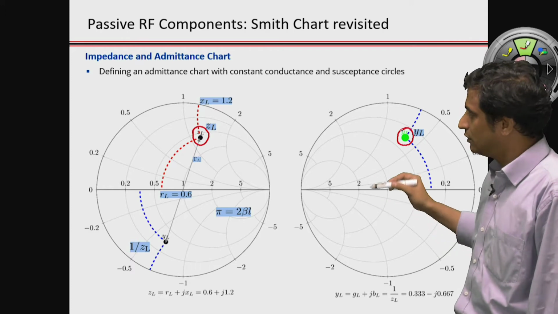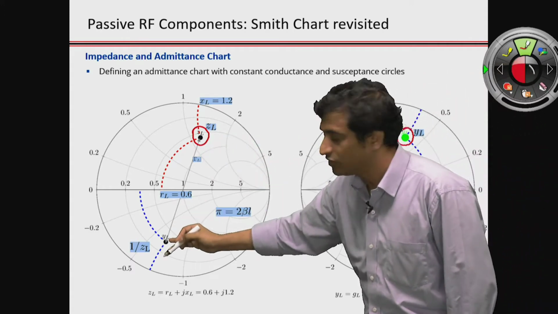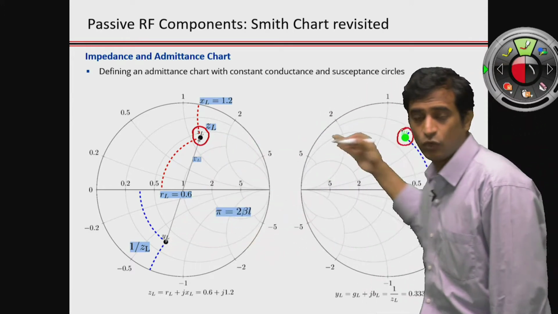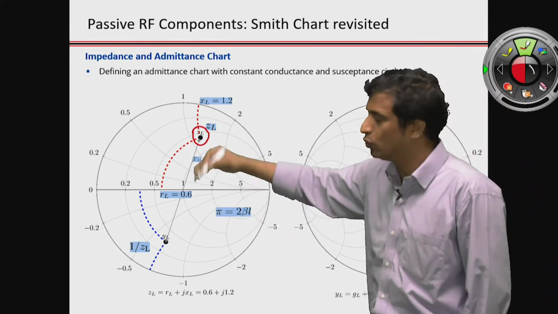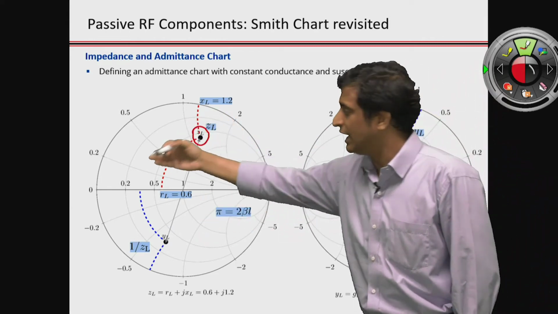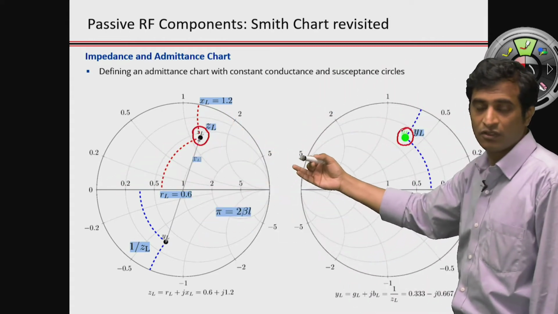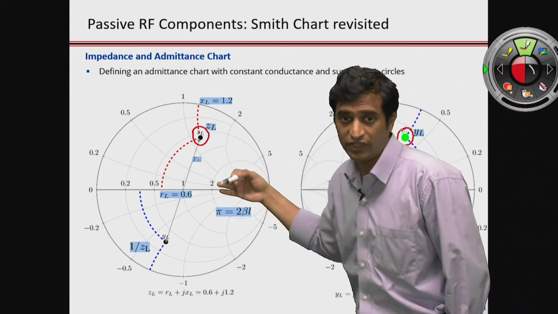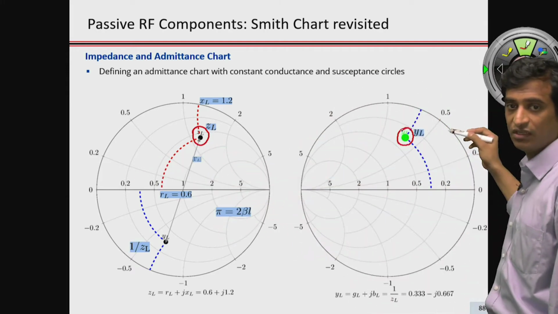Turns out that to obtain the diametrically opposite point, all we need to do to obtain the new chart is to flip this chart upside down and right side left. We need this twofold symmetry to obtain the admittance chart.